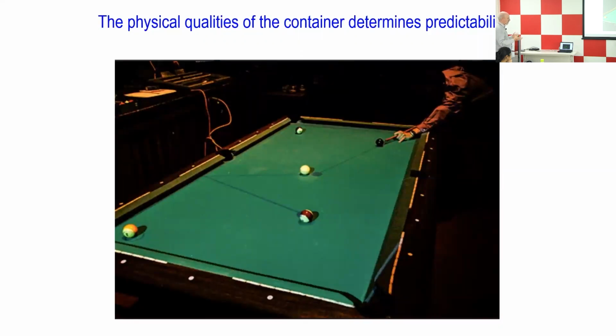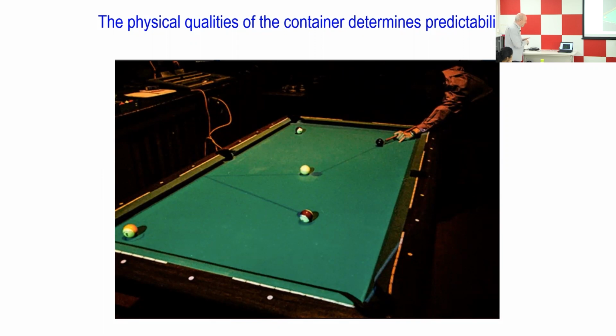Why is the physical container super important? Well, because it happens that the physical container determines predictability. So if you have a billiard table, and I don't know, some of you like this game, you can make an absolute prediction of what would be the consequences of having this ball pushed into this one.